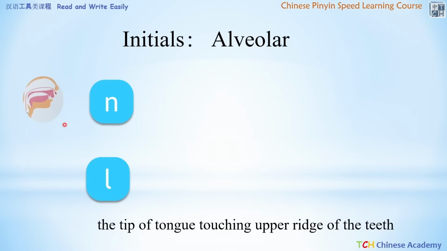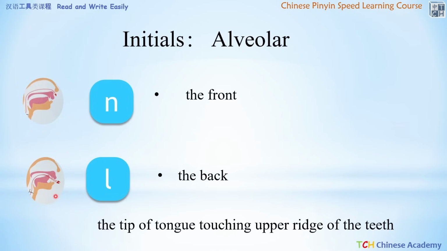Look at the positions of the tip of the tongue. When we pronounce n, we are touching the front part of the upper ridge of the teeth. Whereas when we pronounce l, we are touching the back of the upper ridge of the teeth.